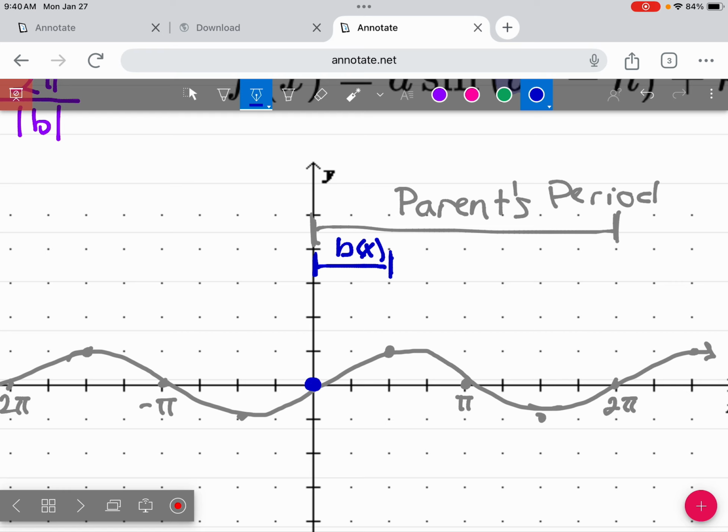So it's going to start at 0, it's going to end at 0, and it's going to go up and then back to 0 and then down, back to 0. It hits 0 in the middle too, so we know it's going to go up and then down. Up and then down. So having that B value makes the period way smaller.